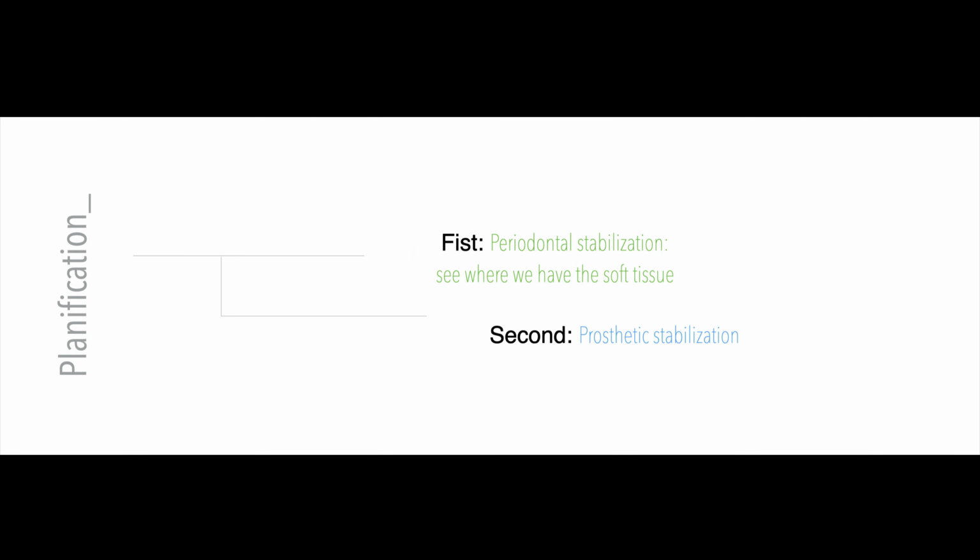And before doing anything, the ideal protocol should start with a periodontal stabilization. We have to clean all those teeth, see how the gums are going to recede after the periodontal treatment, see where the margins are going to end up, and see if any tooth clearly has to be extracted, or for the ones that are healthy, how we can maintain them and if we can stop their movement.